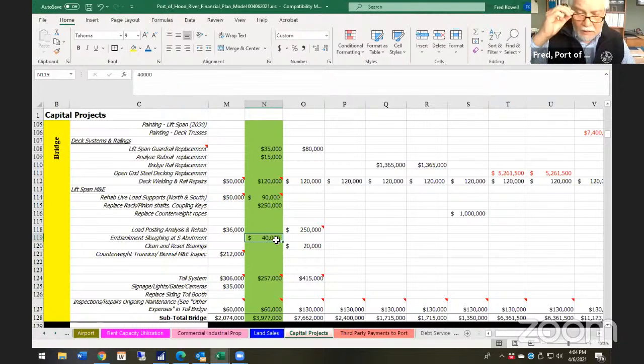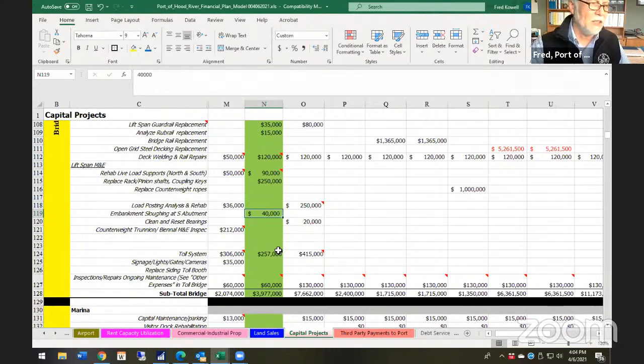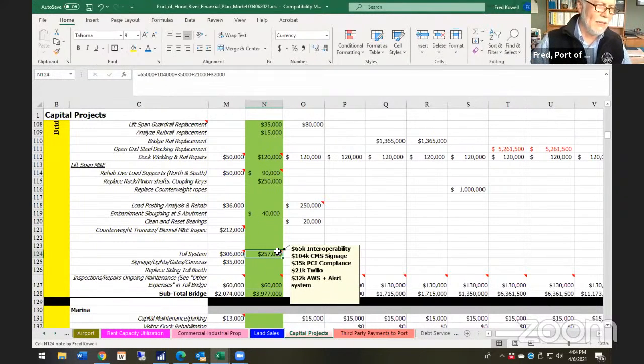If you walk on this trail that goes over to the Best Western, and if you come underneath the bridge, you'll see how right below the bridge, that embankment is sort of sliding down. That's what this piece in the budget is. It's basically to abut that sliding of that embankment. And we had it in this year's budget. It looks like we're just going to slide it into next year as we get more time.